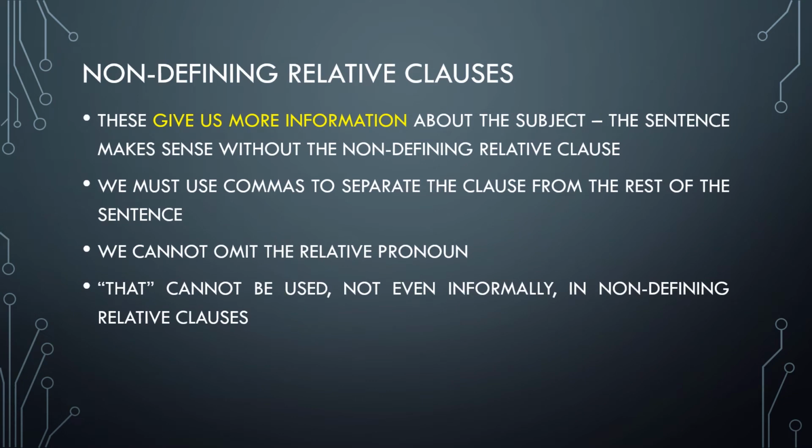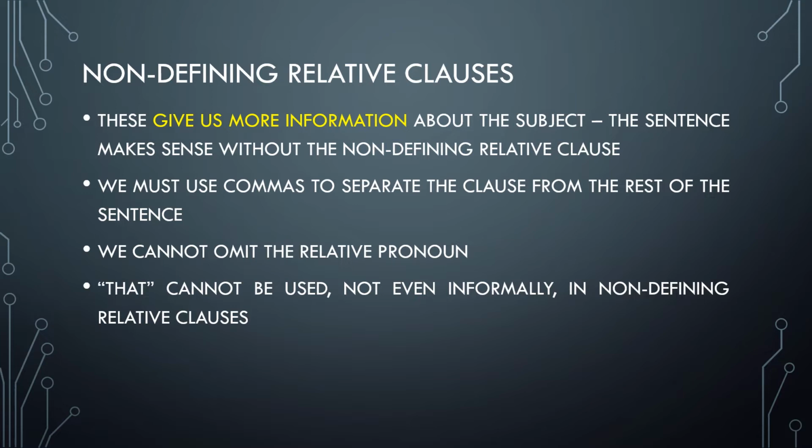As opposed to non-defining relative clauses, which are also sentence fragments, which also contain a relative pronoun, but this time they do not define the subject. That's already done elsewhere in the sentence. Non-defining relative clauses simply give us more information about the subject. The subject is in the sentence already, and the sentence makes perfect sense without the non-defining relative clause.